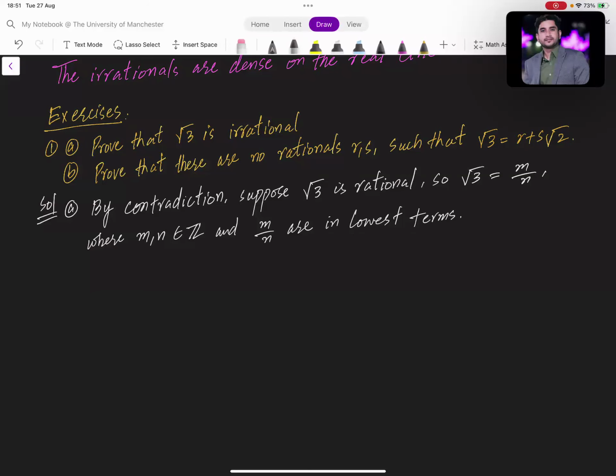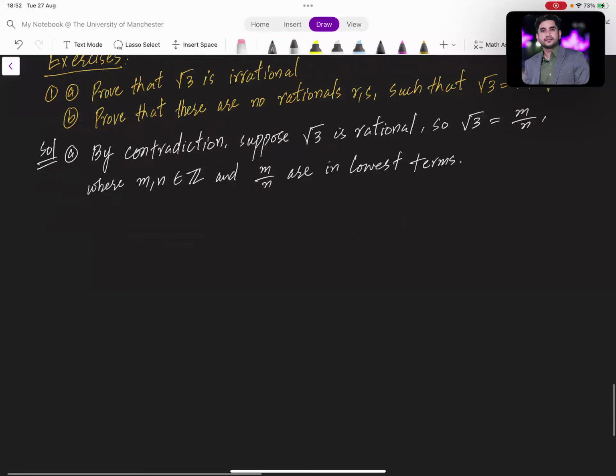Okay. Now, by squaring, we get m square is 3n square.